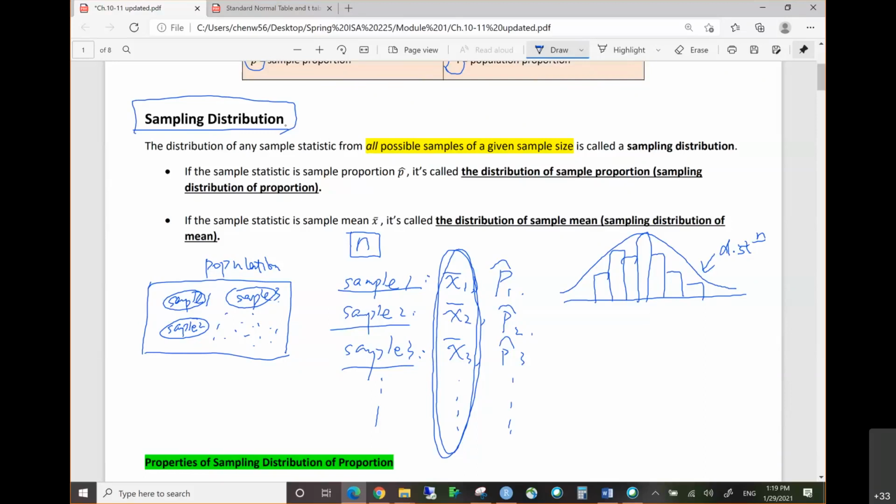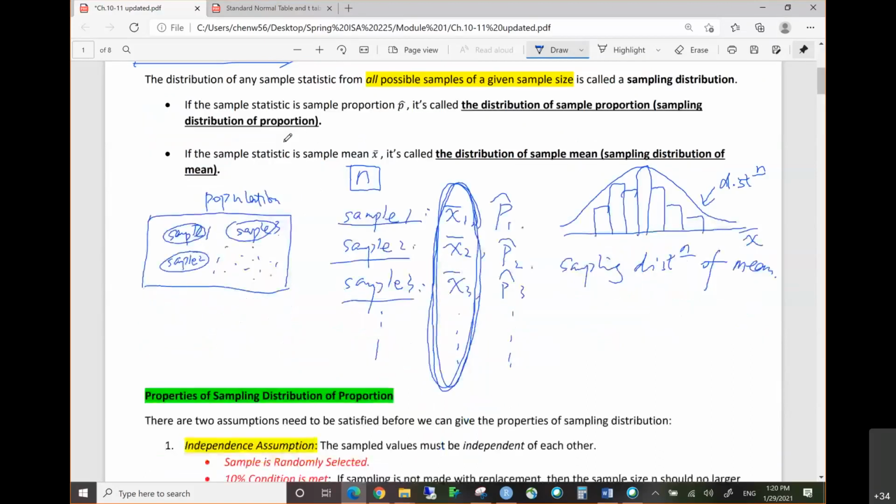So this distribution is based on what? This distribution is based on all of these sample means. So this is the distribution of sample means, or we call it the sampling distribution of mean. All right, okay, so this is about the mean.